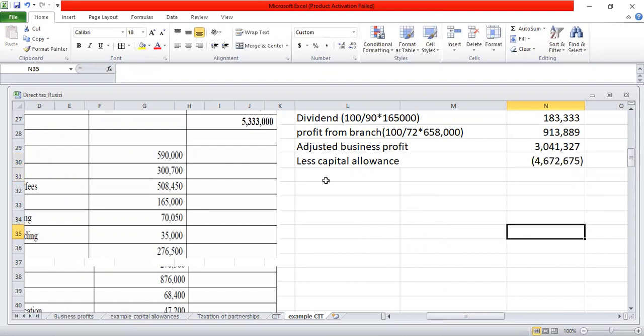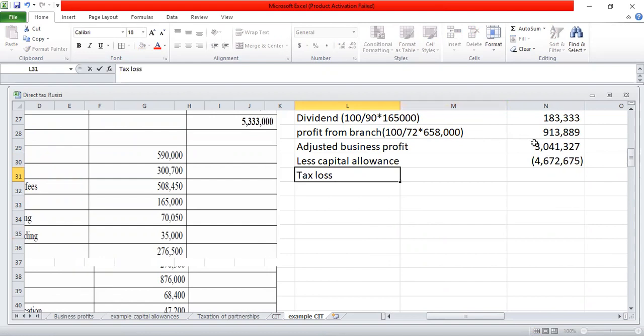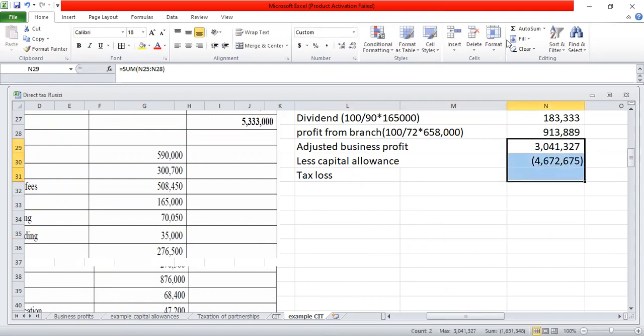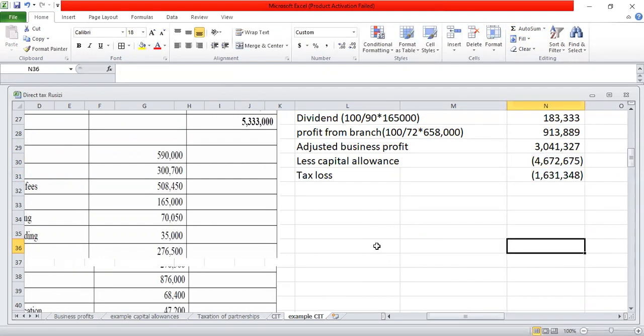So at the end, we are going to have a tax loss. We have a tax loss.